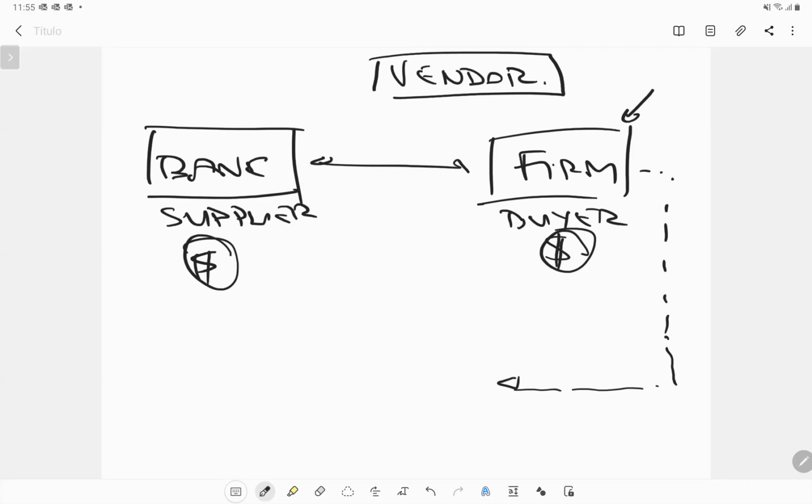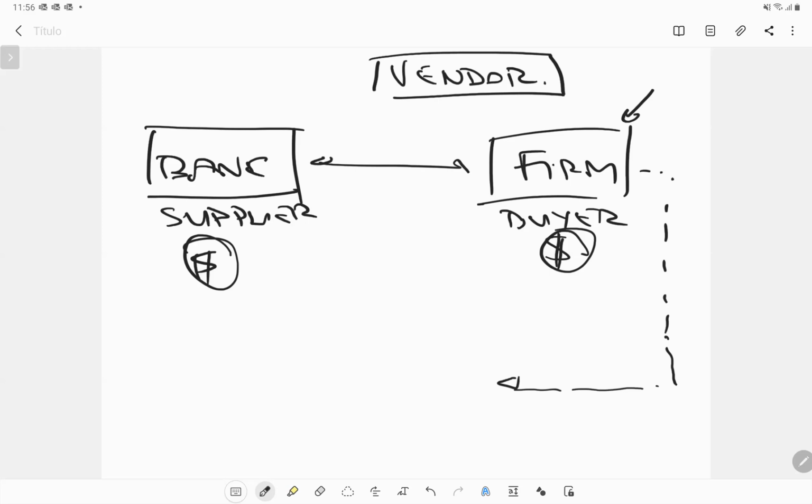Anchor firm is the main firm in a supply chain. For example, JBS. JBS is the anchor firm of the meat supply chain. The meat supply chain is formed by the farmer, by JBS, which is the processor, by the retail supermarkets like Carrefour and Extra, etc., and by the customer.